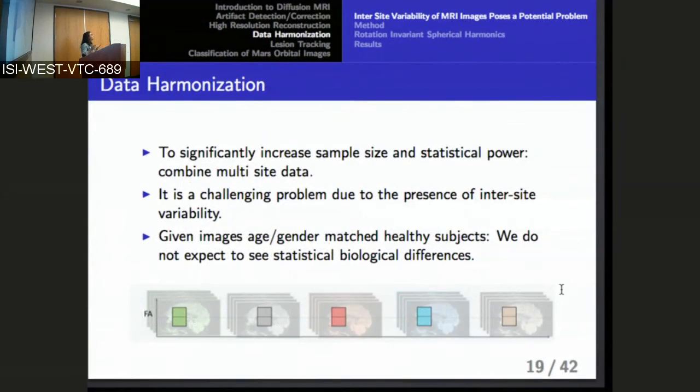That means there is no significant statistical difference in our diffusion parameters between these subjects at different centers, right?